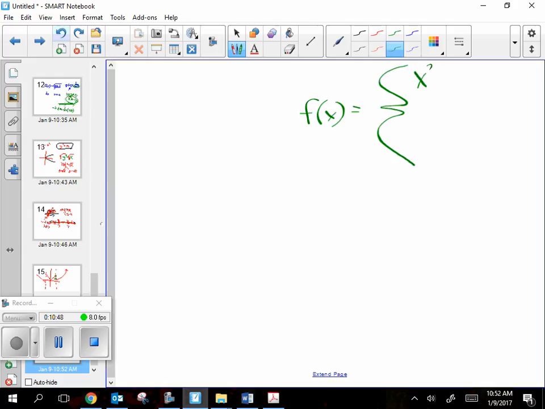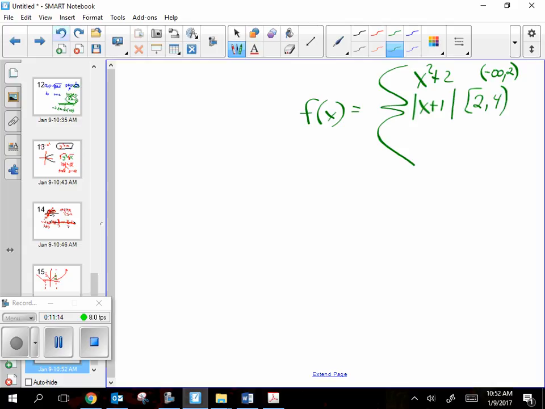and we'll say it's x squared plus 2 when it's from negative infinity to 2. And then we'll say it's absolute value of x plus 1 when it's from 2 to 4.